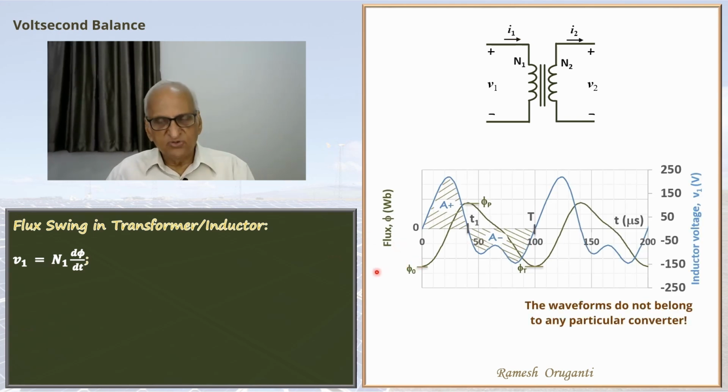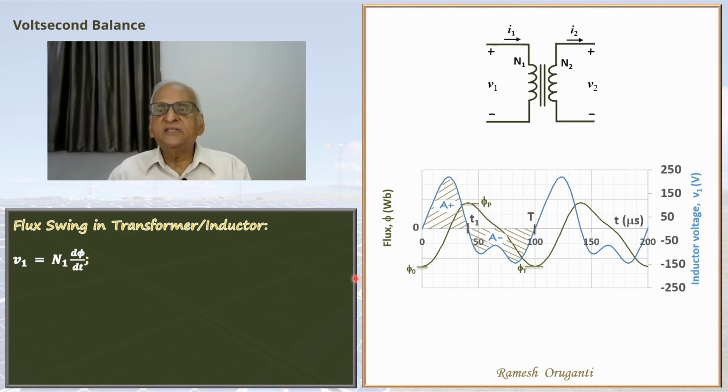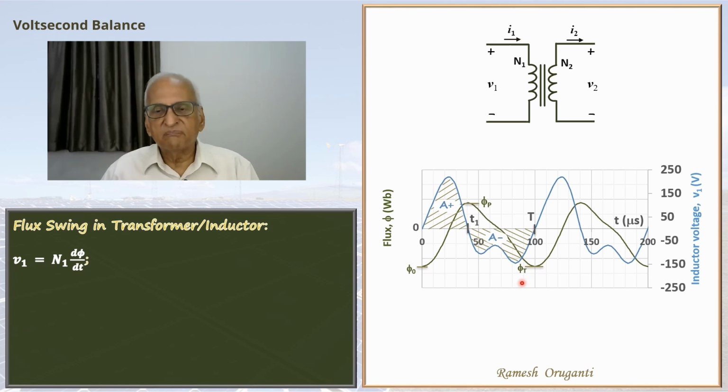They are the same as what we used in our discussion of the transformer voltseconds earlier. We are assuming that the converter is operating under steady state. The flux swings from phi naught to phi p. Phi p occurs at time t equal to t1 and then comes down back again to phi t, which is of course equal to phi naught.